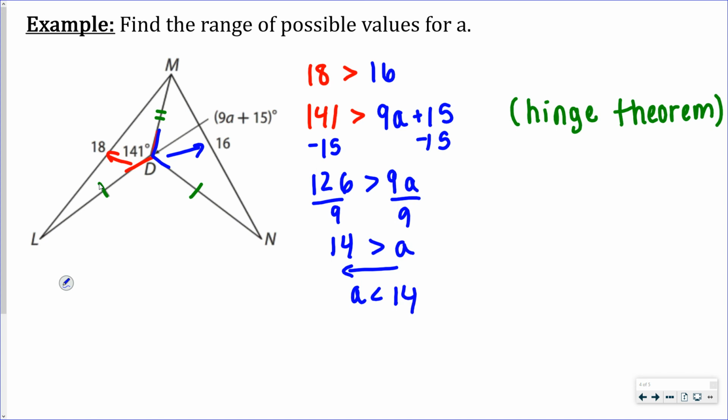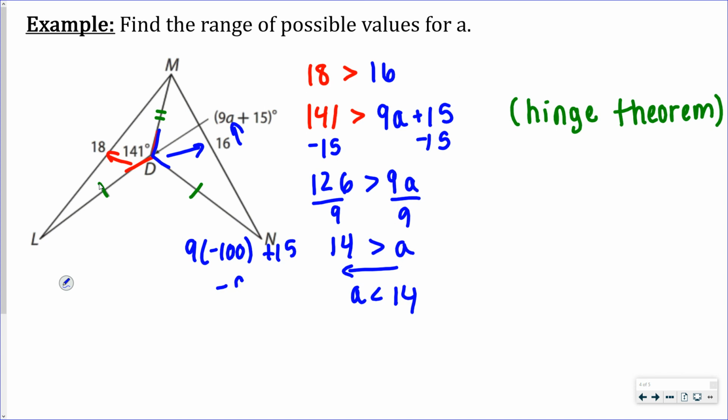Okay, now we're not done. Because according to my answer here, A could be any number in the entire world that's less than 14. Could A be negative 100? 9 times negative 100 is what? Negative 900.